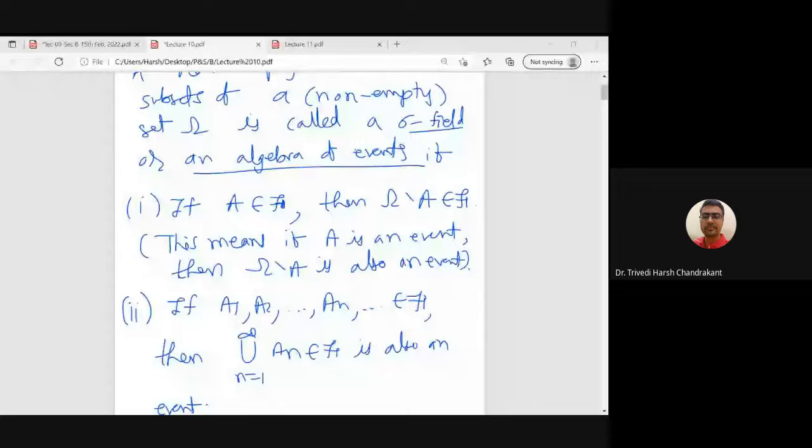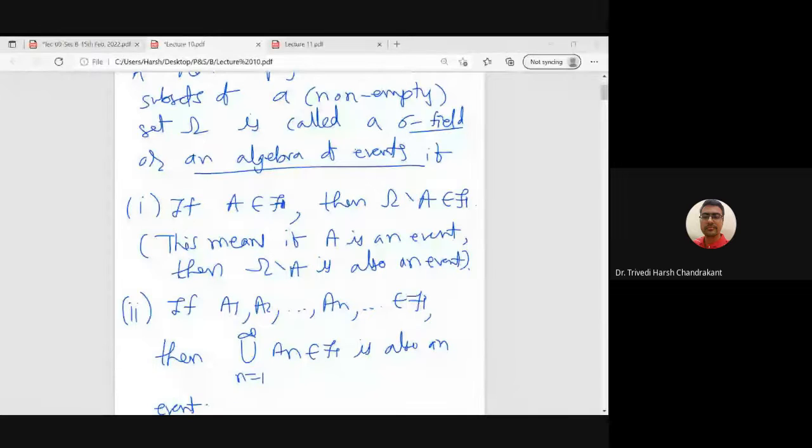Unless the complement of the set itself belongs to the algebra of events, we cannot define the probability of that particular event, which is A complement. Similarly, we have used the property that the probability function is countably additive.